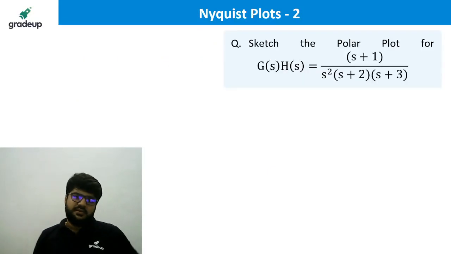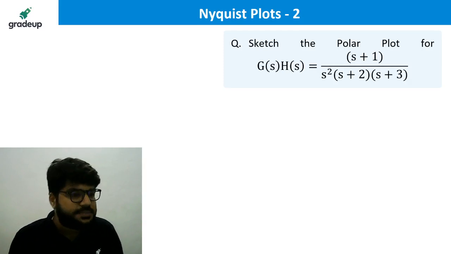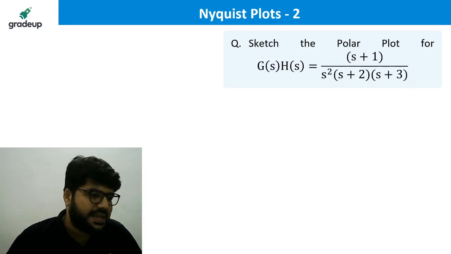Now can you try this one? Sketch the polar plot for G(s)H(s) equal to (s plus 1) by s square (s plus 2)(s plus 3).